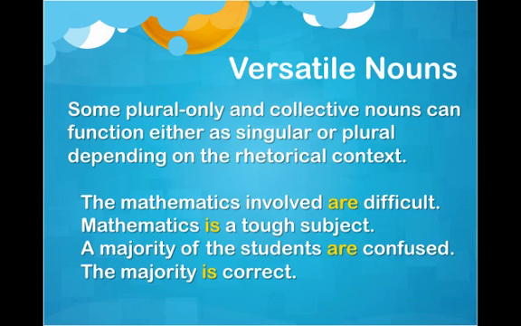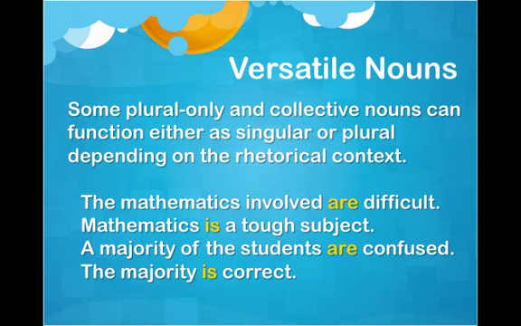And here's where rhetorical grammar really starts to come into play. Some nouns are actually more versatile than some teachers would like to admit, because in today's testing culture, we're looking for one right answer. But depending on the context, depending on what you're trying to convey, some plural and collective nouns can be singular or plural.